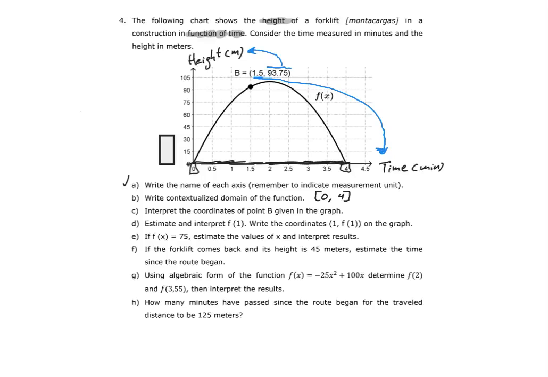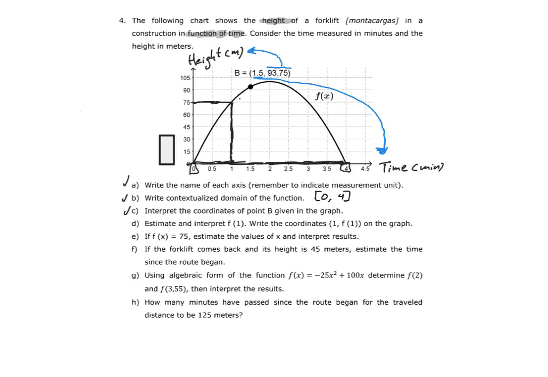Estimate and interpret f(1). Write the coordinates (1, f(1)) on the graph. So f(1) we have to estimate, and it should be something like this. 1 is time, and we go up to the function at the height 75.